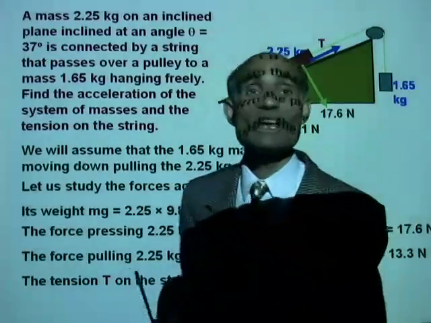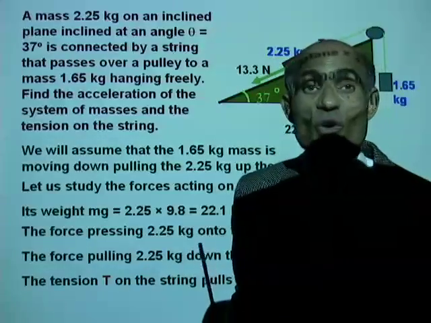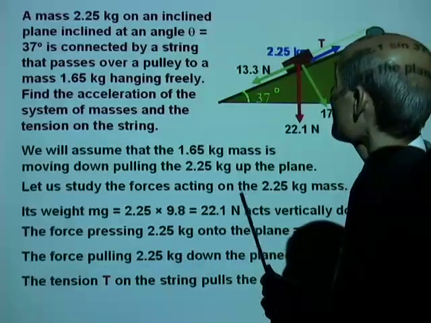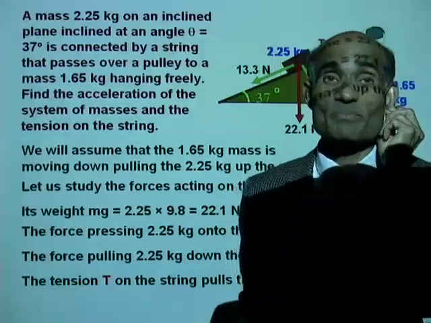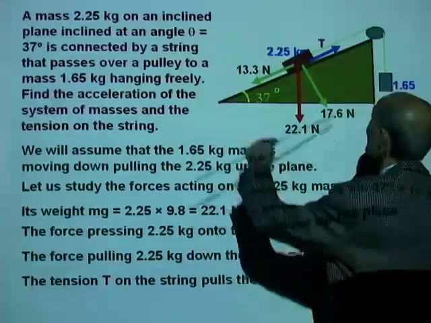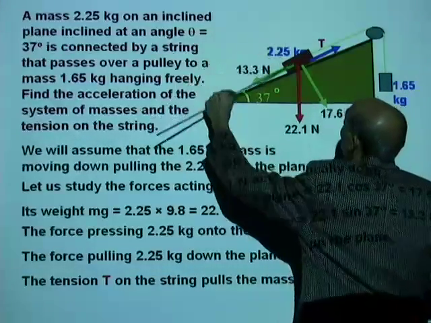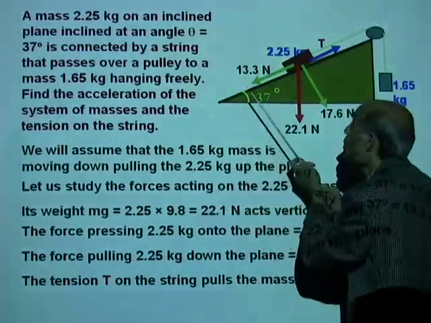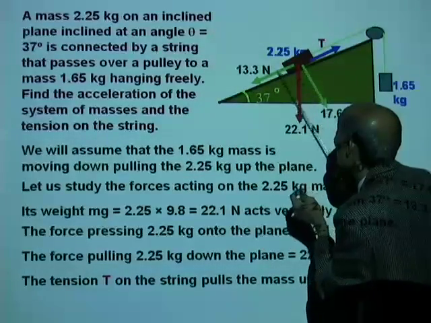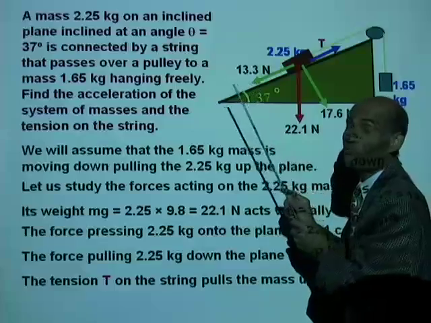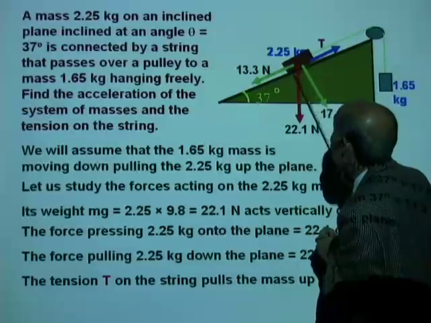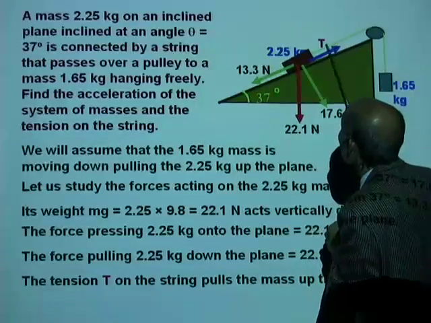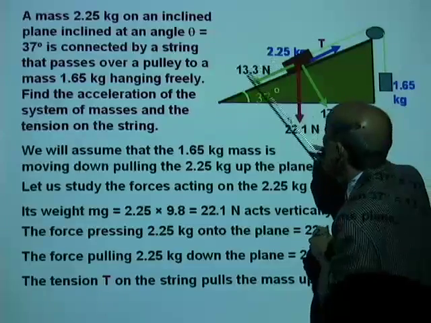Tell me, what is now the net force on that 2.25 kilogram mass? You can see the forces at right angles cancel, so only these two forces survive. Therefore, the net force pulling the box up the plane is T minus 13.3.